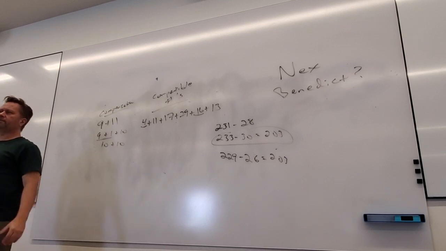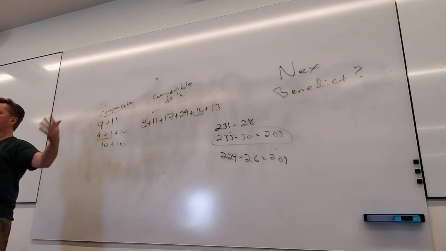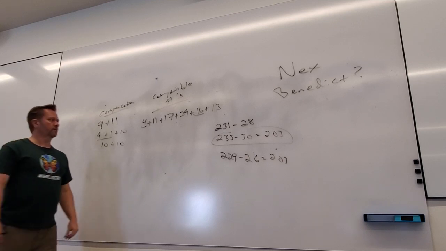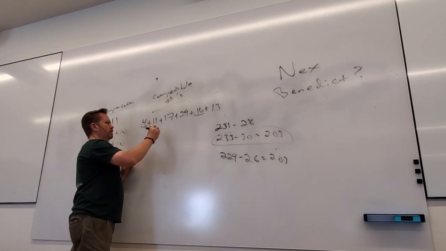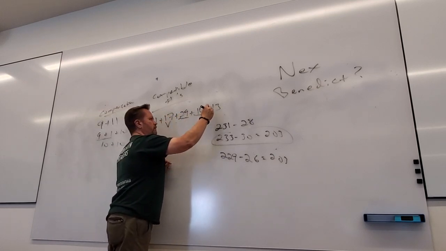Same thing with your students. I don't care if a student knows the word compatible. I just care, does it make sense to do this? They're going to naturally want to do this kind of thing. 11 would go with 29, and 17 would go with 13.